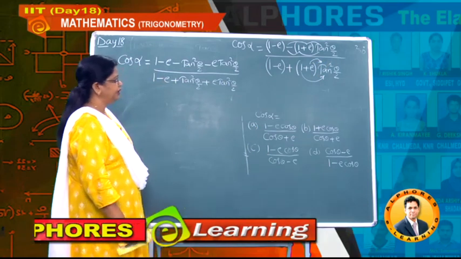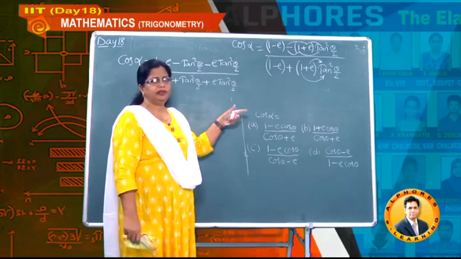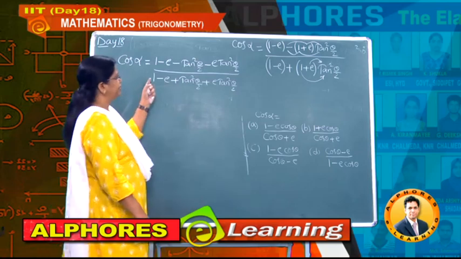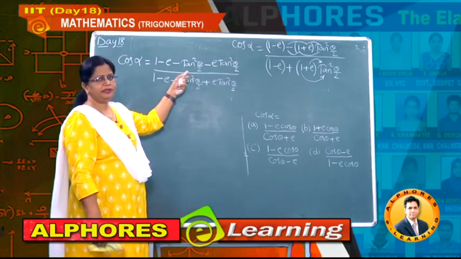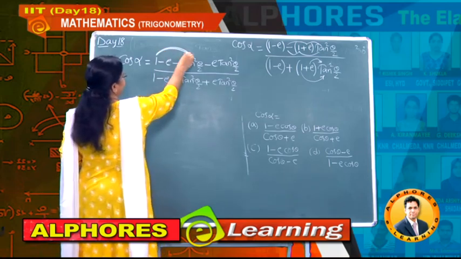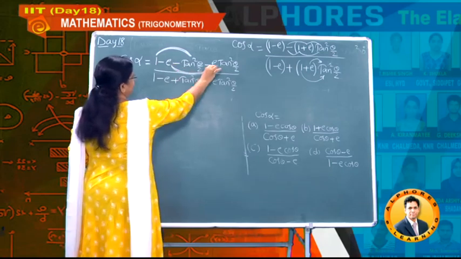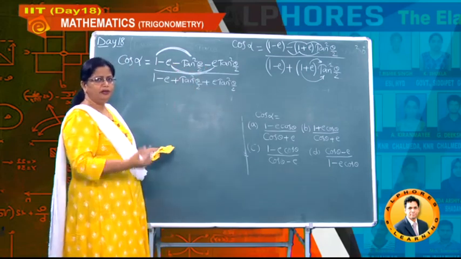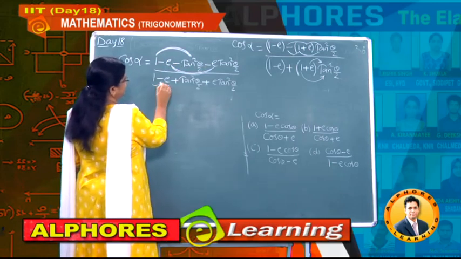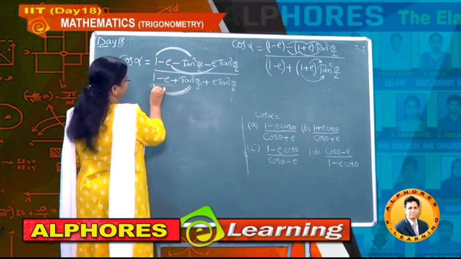Now cos theta, what is our formula? 1 minus tan square theta by 2 by 1 plus tan square theta by 2. So I want to take values in such a way. Now this is 1 minus tan square theta by 2, and from these two terms, students, if you take minus e common, then you will get 1 plus tan square, and this is 1 minus e as it is here, but we want to write this as 1 plus tan square theta by 2.